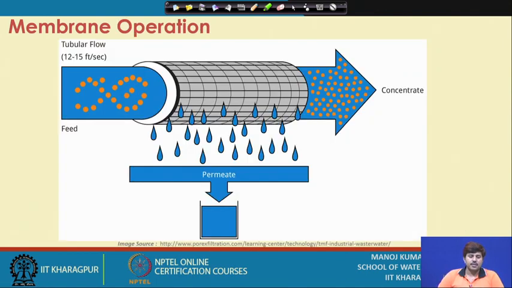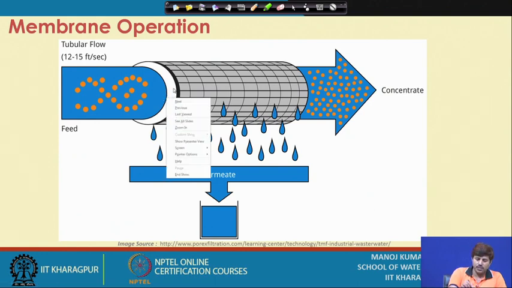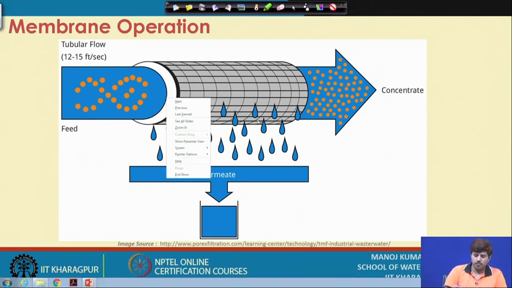What happens in the membrane operation is that we typically have a feed coming into the membrane system, and the pure water passes through the membrane and is collected in the form of permeate, whereas the contaminated part goes out separately, because a membrane will never be able to give 100% output in terms of water.